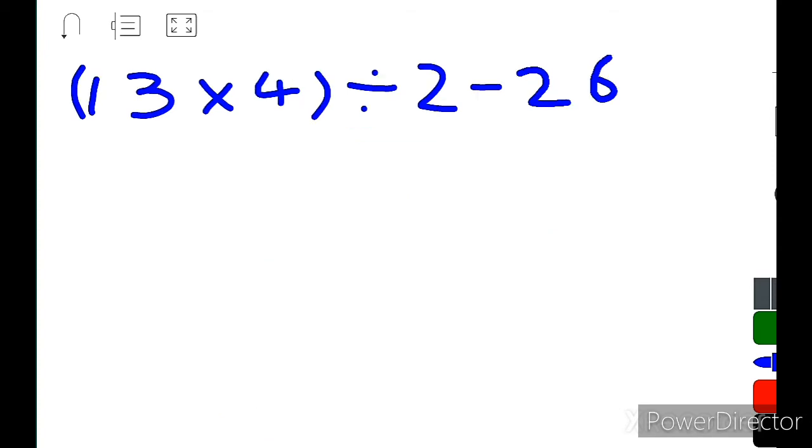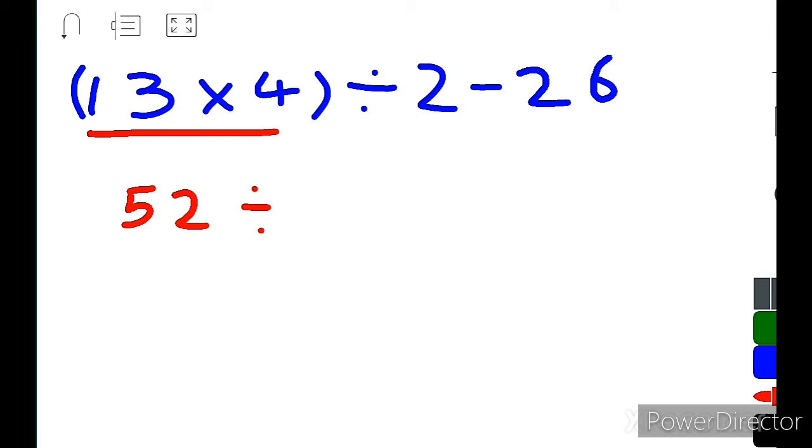Now let's see the second question. Second question is 13 multiplied by 4, this is in bracket, divided by 2 minus 26. So first we have to solve the bracket, B for bracket. So this is in bracket, so 13 4s is 52. We have solved the bracket, so no need to put the bracket. Now write the rest of the remaining numbers. 52 divided by 2 minus 26.